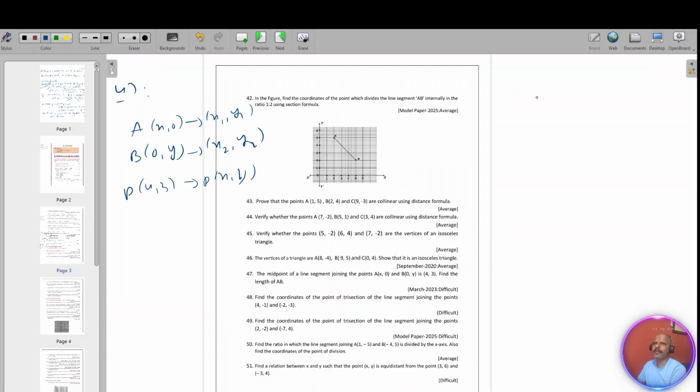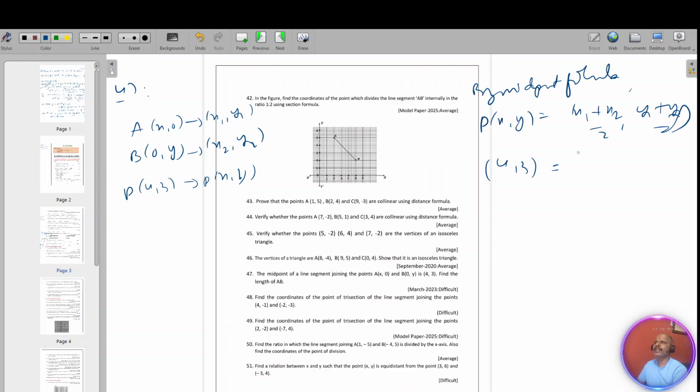By midpoint formula, what we have is P of x comma y equal to x1 plus x2 by 2, y1 plus y2 by 2. So P of xy is what? They are given 4 comma 3 equal to x1 is x, x2 is 0 by 2, y1 is 0, y2 is y by 2.